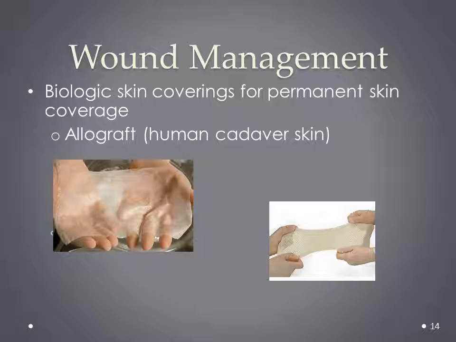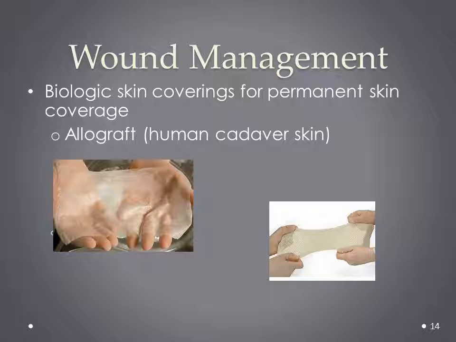We take a sheet of skin either from the patient or from a cadaver. You can do it both ways, and you run it through a machine that puts it into the form of mesh, and it can cover up to 9 times the area that it would cover if you didn't make it into a mesh. So it's a great thing to do, and it covers a lot of burned area, and so we like that.